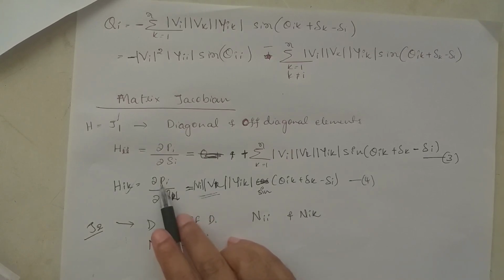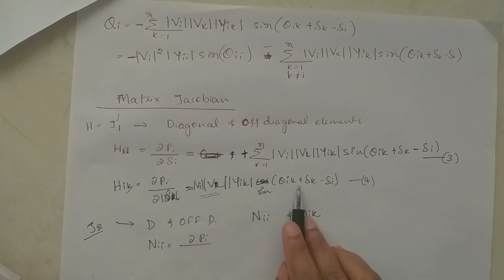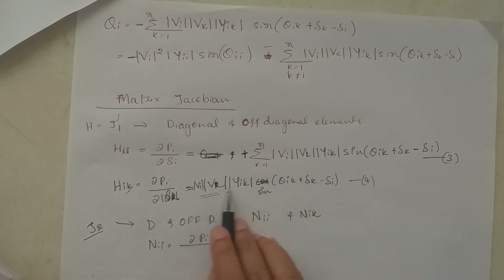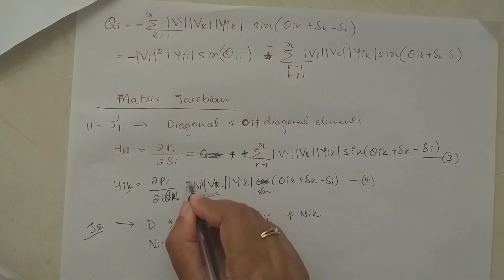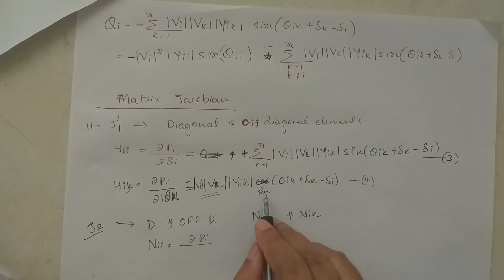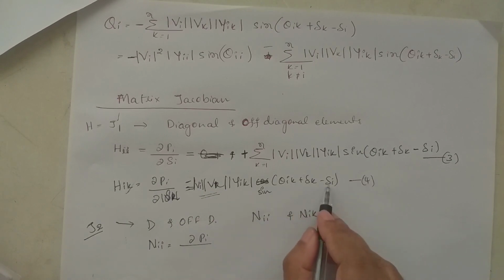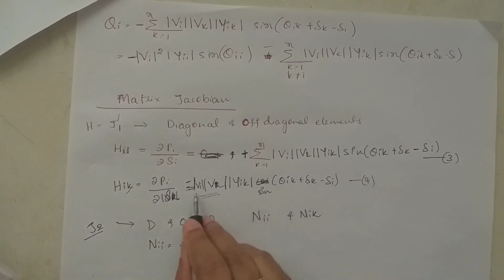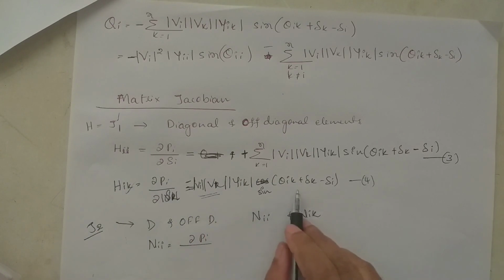So the differentiation of Pi with respect to delta k, which is inside the cos function, so constants are Vi, Vk, Yik as it is. Differentiation of cos is minus sine, minus sin(theta ik plus delta k minus delta i). Coefficient of delta k is 1, so write as it is, so it becomes minus Vi Vk Yik sin(theta ik plus delta k minus delta i).